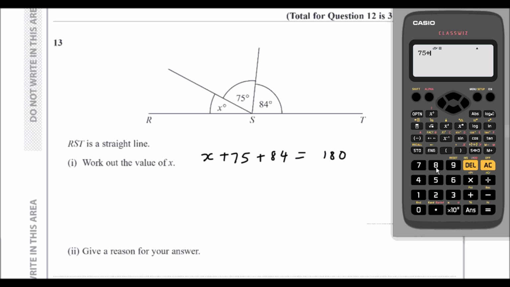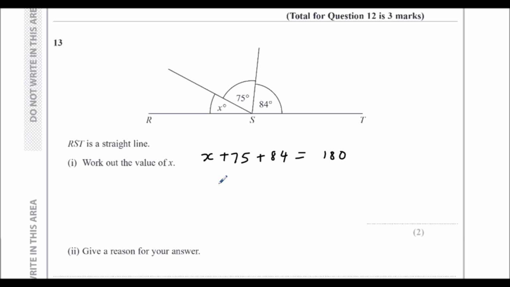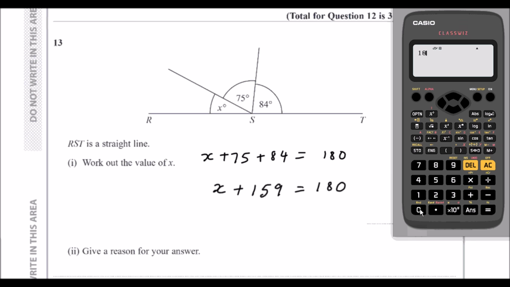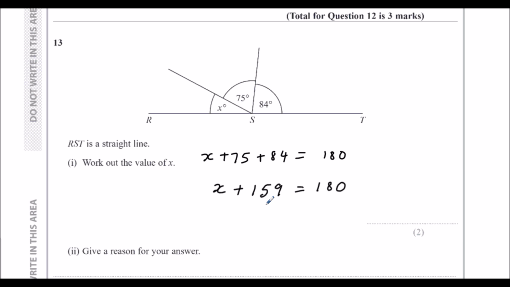So 75 and 84 make 159. So our x angle plus 159 must equal 180. So if we do 180 take away 159, we get 21 degrees. So x must be 21 degrees.